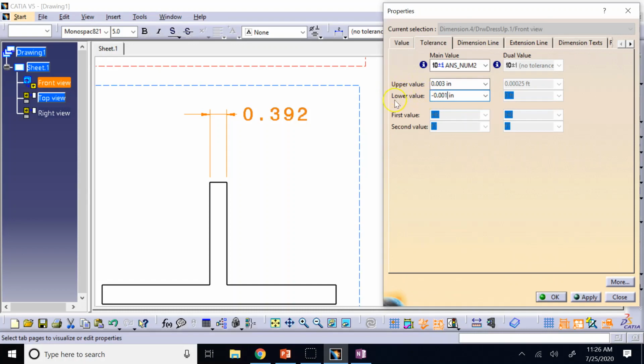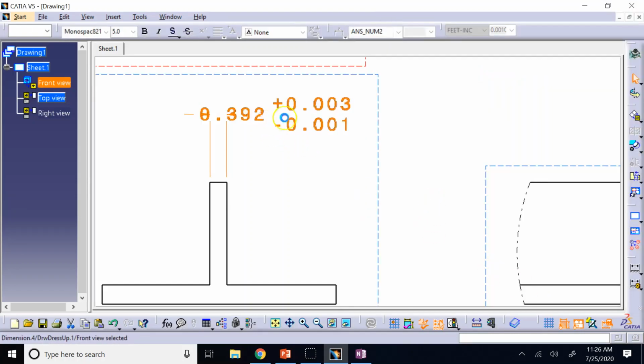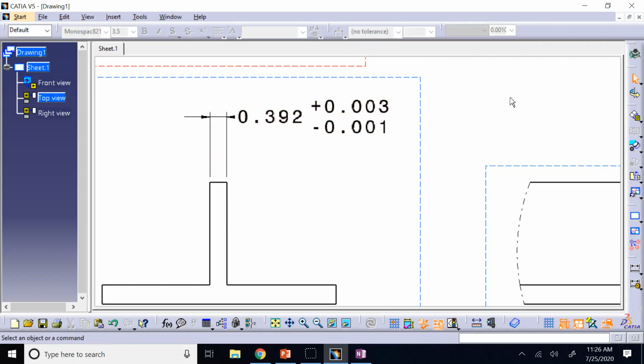By the way, although it's the lower value, you should always provide the negative here. If you don't, then it considers it positive 0.01 and positive 0.03. So it makes it unilateral. So if you want the lower value to be negative, you add the negative yourself here. Okay, like that. So this is how you add a plus and minus form.